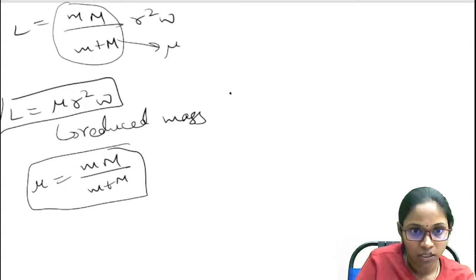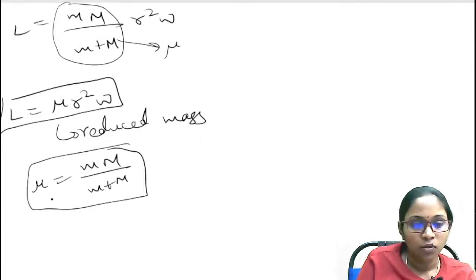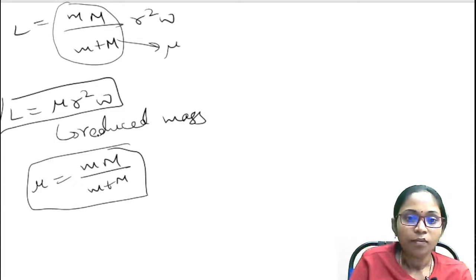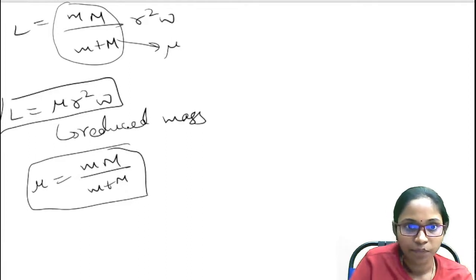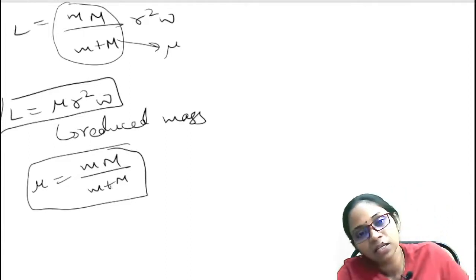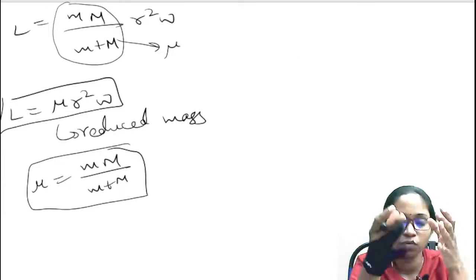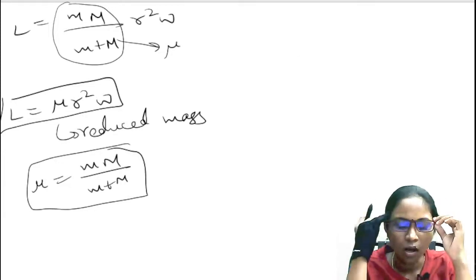You can also write this equation as follows. So here what happened, the mass is reduced by m by m plus M times. Here you have to correct the energy equation, radius equation and velocity equation. Why?